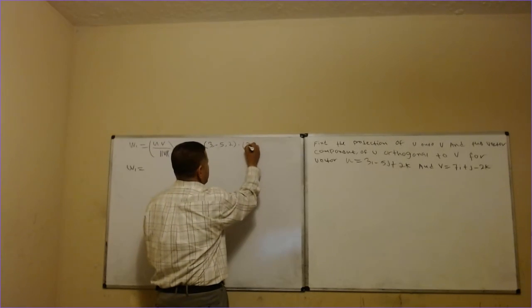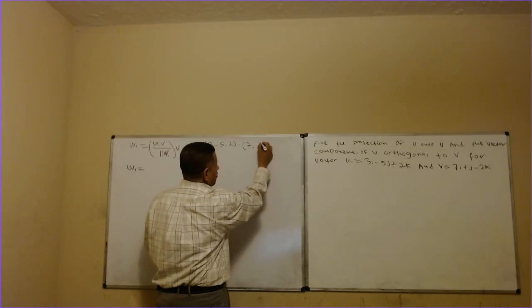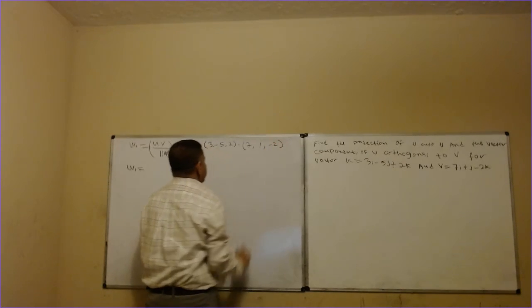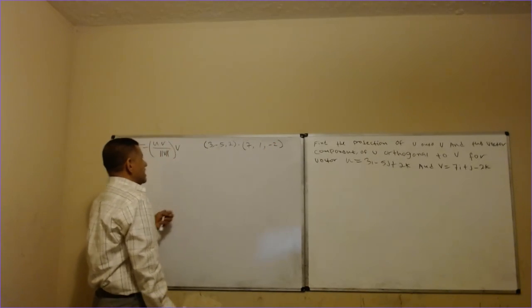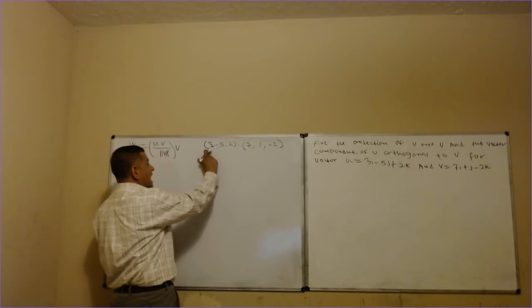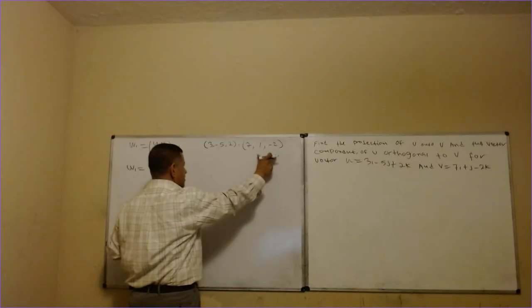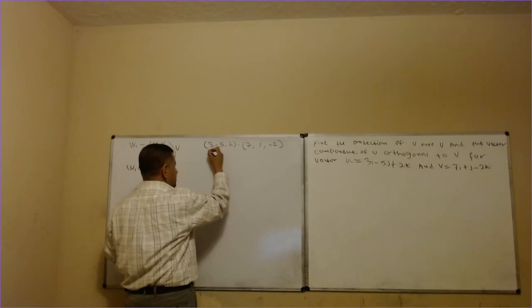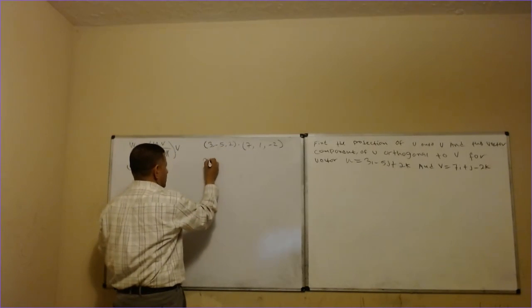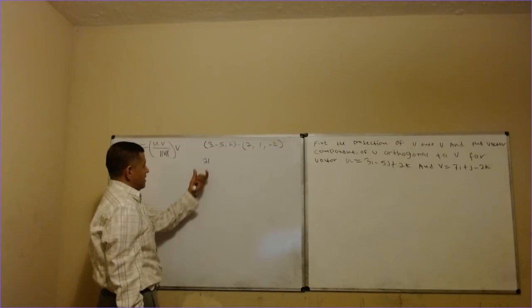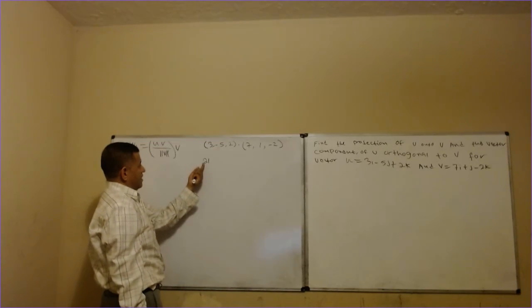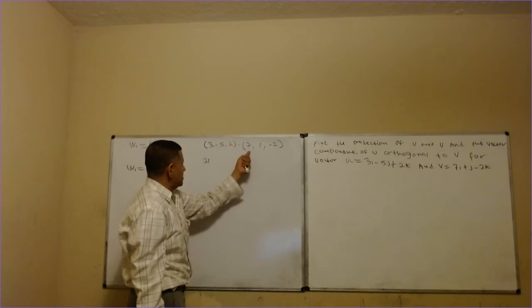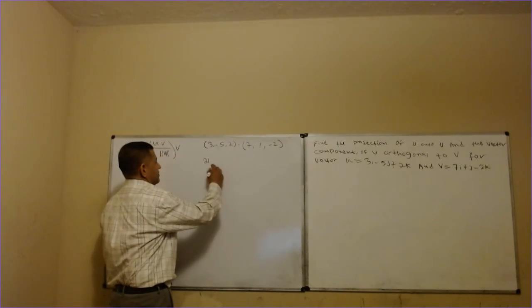So 7 comma 1 comma negative 2, close parenthesis. Okay, so I am dotting these values. This times this is 21. 7 times 3 is 21, right?